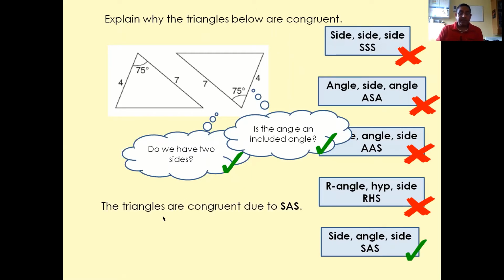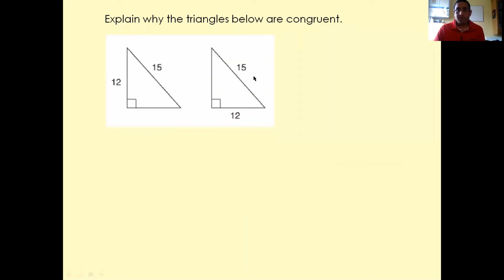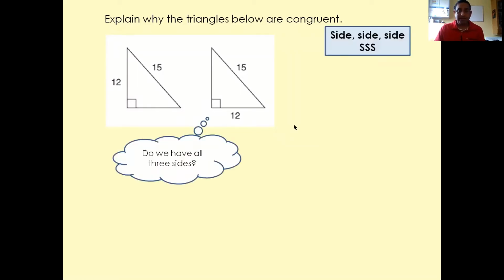The way we write the answer in the exam is very, very simple. All you need to write to get 2 marks is: the triangles are congruent due to SAS. That's it really. Whenever you see a right triangle, there's always going to be a standard answer.